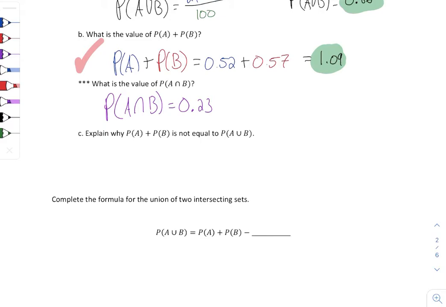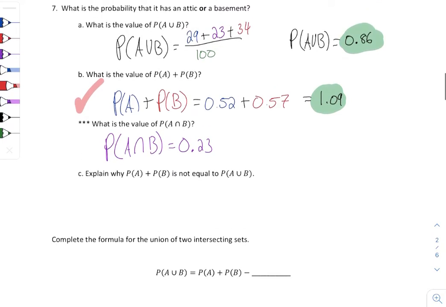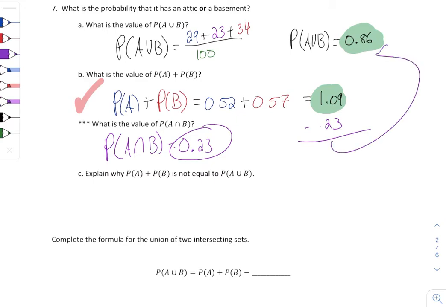So what we can do is subtract out the intersection. So let's see if that even works. We know that in this 1.09, the intersection got added twice. What was the intersection? Over here we found it to be 0.23. What would happen if I subtracted out the duplicate, the double intersection? Take one of them out, and we would get to the correct number, which is 0.86.